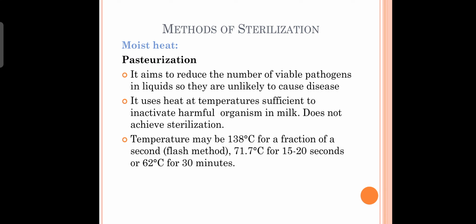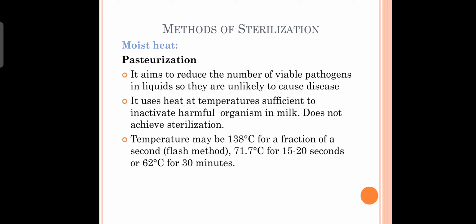The next method of moist heat is pasteurization. It is used very commonly for any dairy product that you have to keep for a long time. It aims to reduce the number of viable pathogens in liquid so they are unlikely to cause disease. It uses heat at a temperature sufficient to inactivate harmful organisms in milk and does not achieve sterilization.